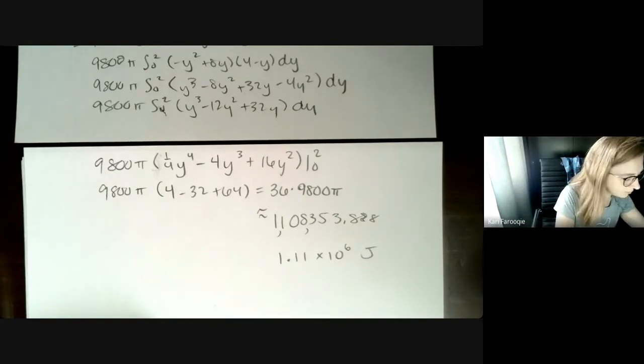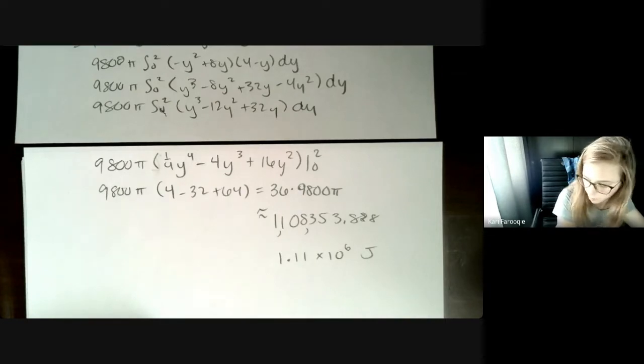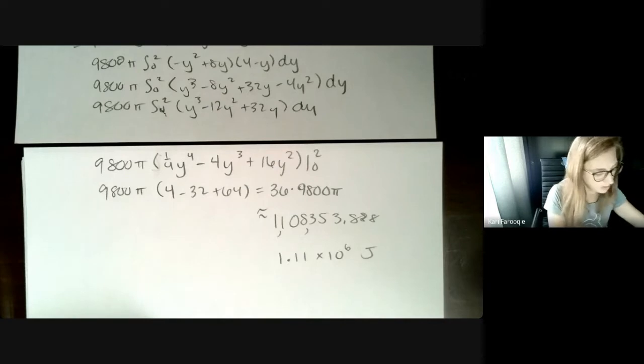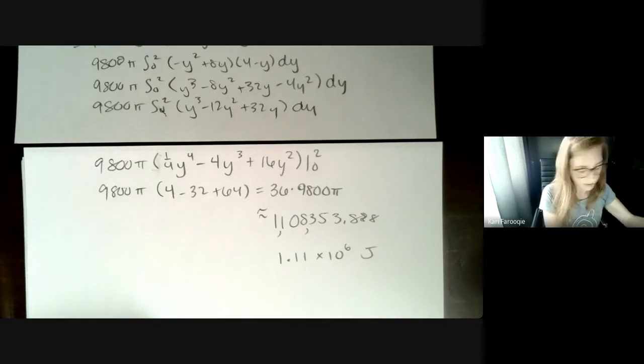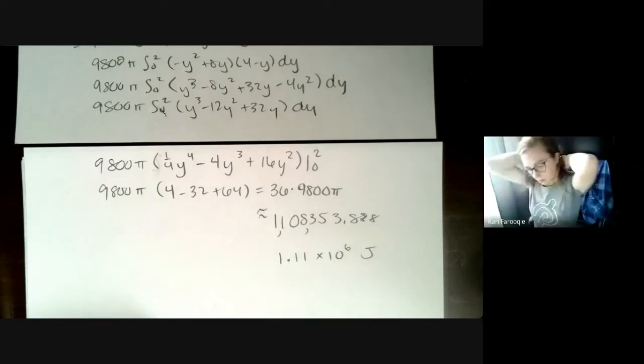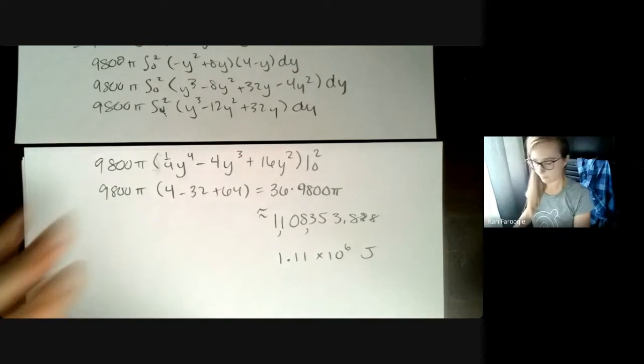Let's find out. 1.108 times 10 to the 6th joules. Yeah, 36 pi rho g. Okay. So yeah.